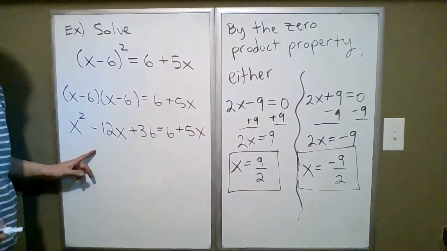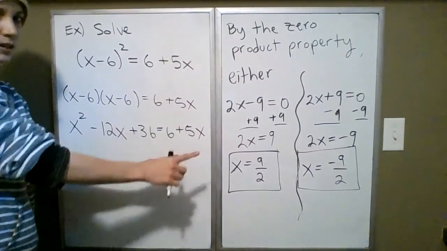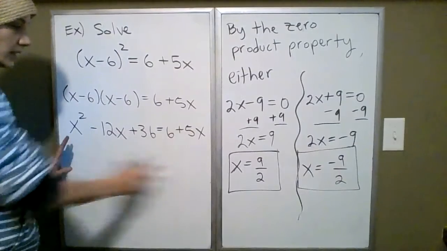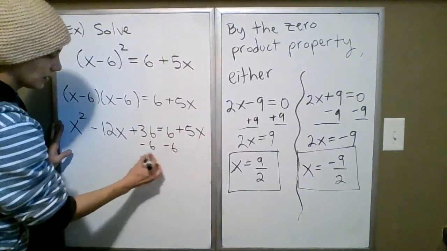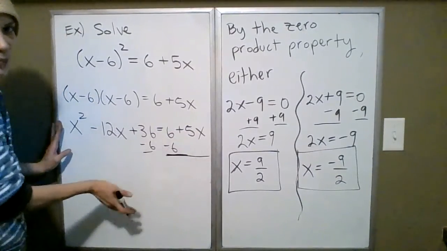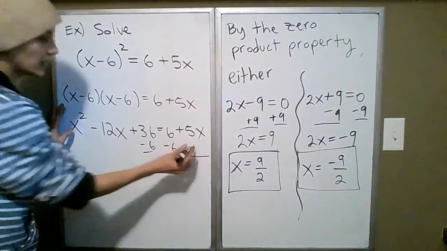And then not only am I combining like terms, but I also want one side set equal to 0. So I want the numbers to go together, and we're going to forget everything over here on this side. So let's subtract 6 from both sides. And I'm also going to subtract in the same step, or you can do it as a separate step, also subtract 5x from each side.